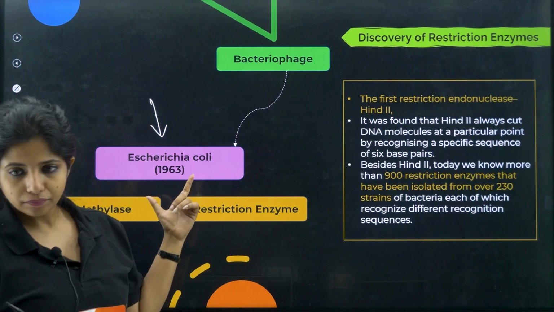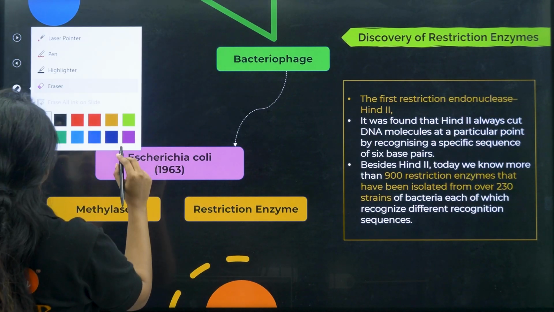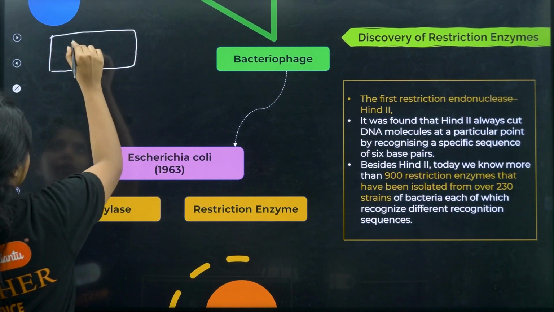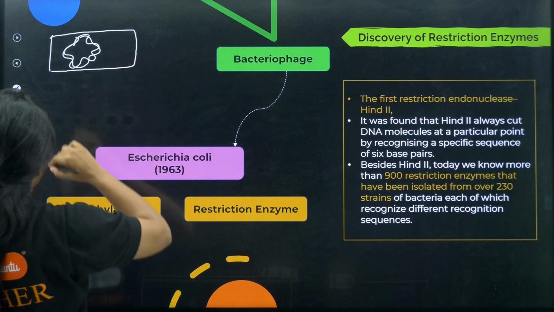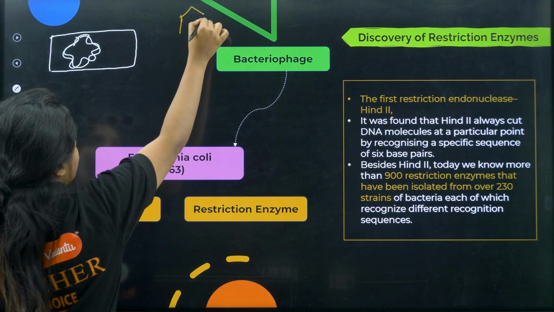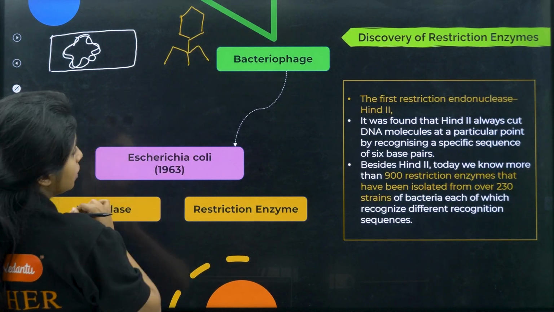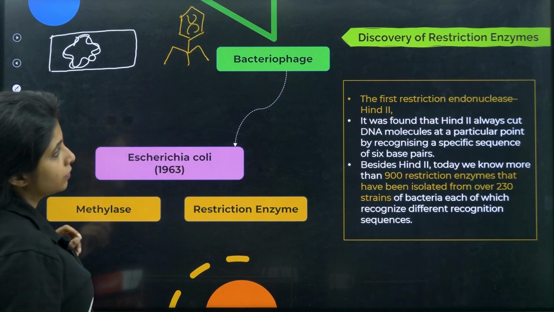This is done in 1963, where what has happened, children? Escherichia coli is a bacteria, okay? And this poor Escherichia coli is usually infected. Suppose this is Escherichia coli. It has circular DNA. Now I have a virus which I call a bacteriophage. The bacteriophage has its own DNA or genetic material.